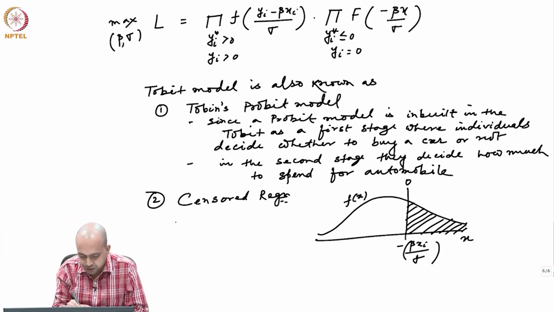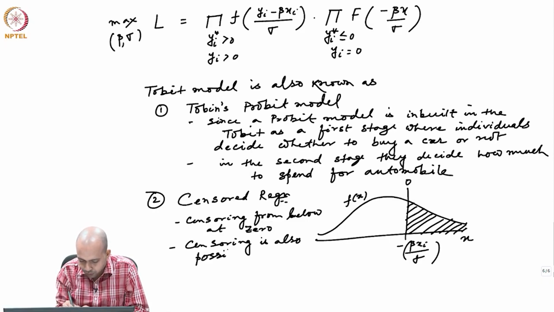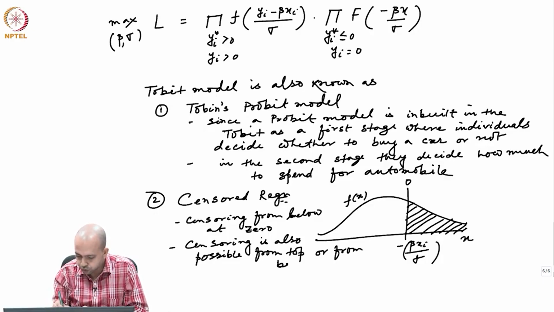So, this is censoring from below, at 0. Censoring is also possible from top or from both.